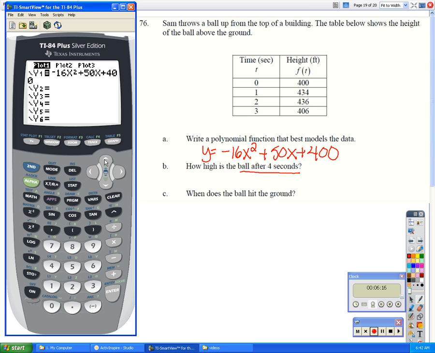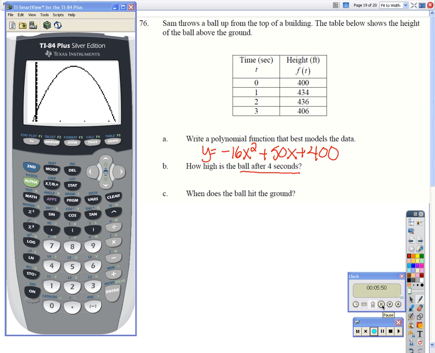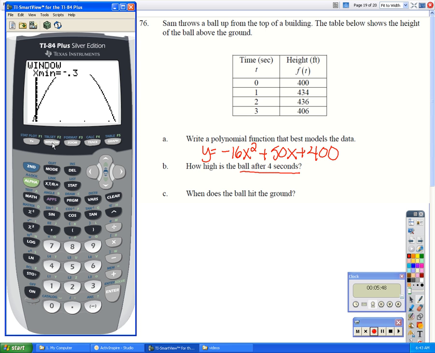I'm going to turn that scatter plot off now. I think that's why I can't trace. There we go. Okay, I think it won't trace over because maybe I can't see it on my graph here, so I'm going to change my window. Oh, that's not going to be enough.